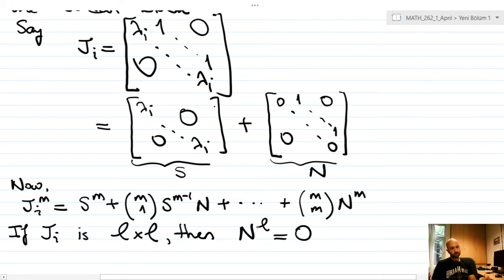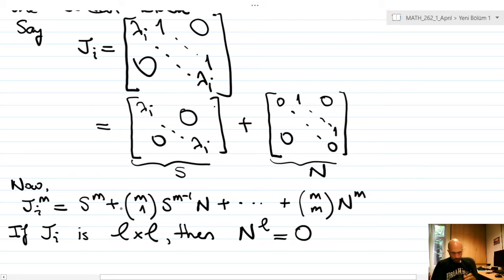If this is not clear, just directly compute. Each time you multiply N by itself, the ones above the diagonal will go further towards the corner, and on the Lth power they will totally disappear. This means if M is large compared to L, then after some point on, the terms will disappear.